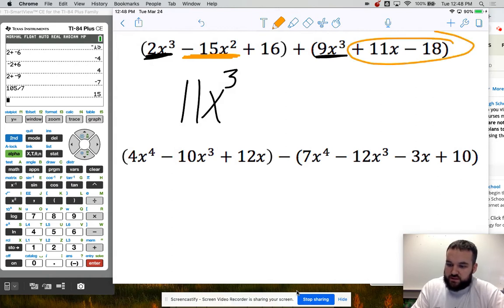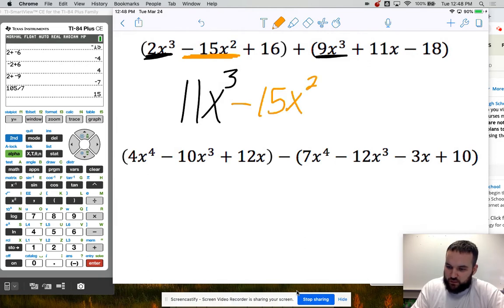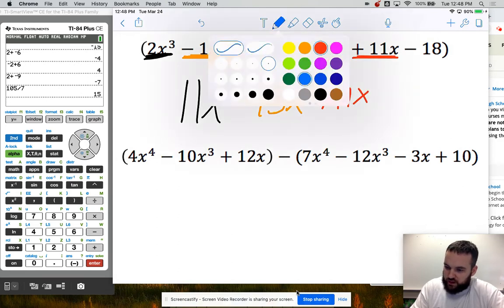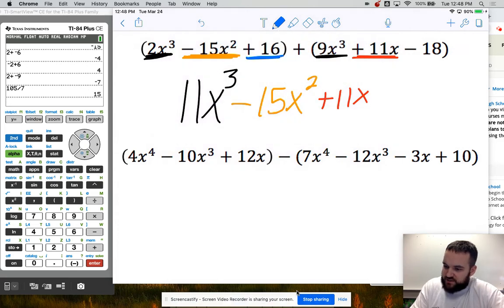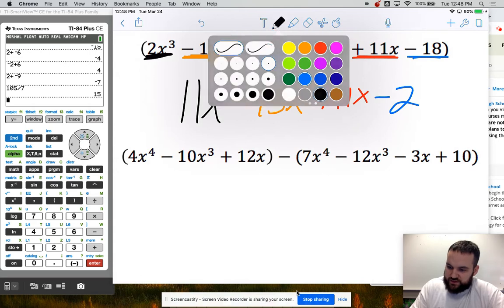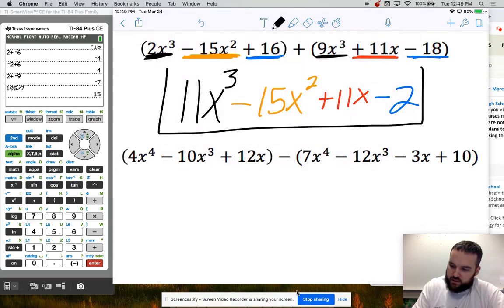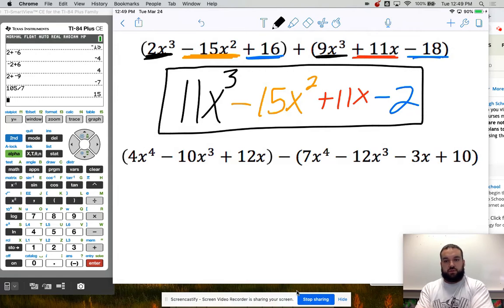There's no x squareds in the rest of the problem, so that stays by itself. Then plus 11x, which again is a loner. There's no other term that can combine with it. And finally, I have 16 minus 18, which is negative 2. So this is our answer, or our expression, after we add those two together.